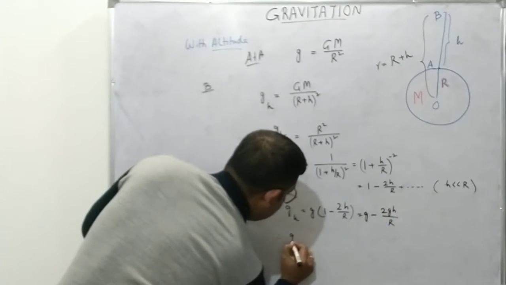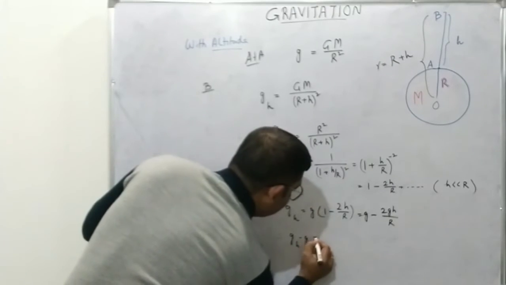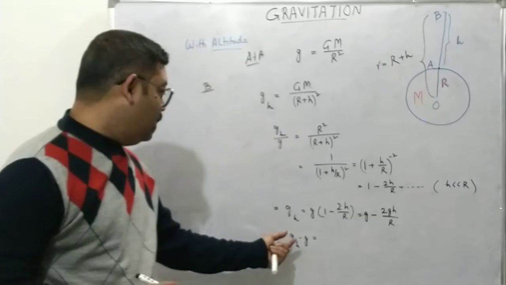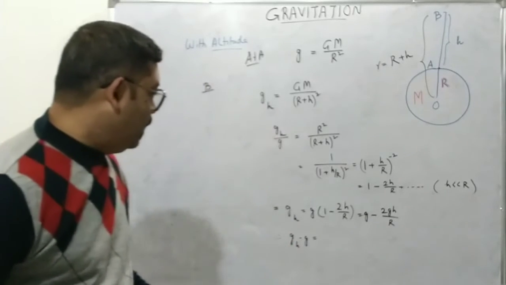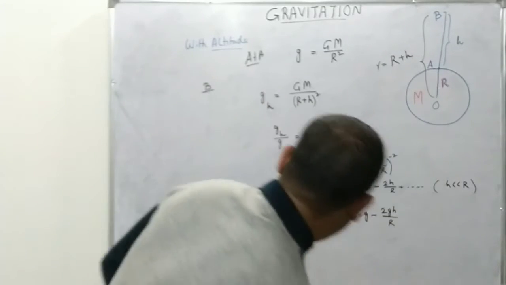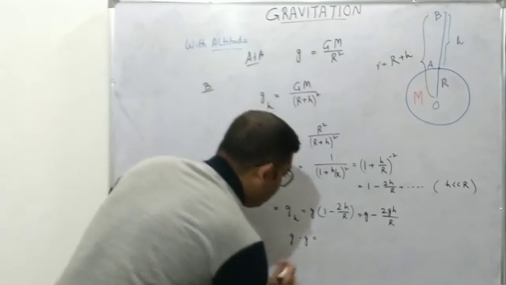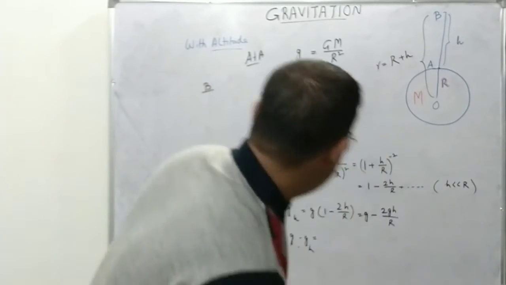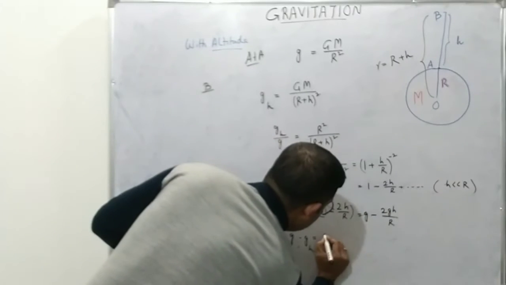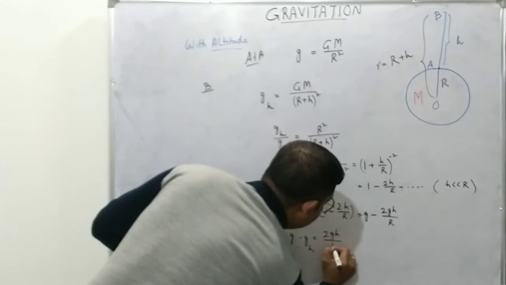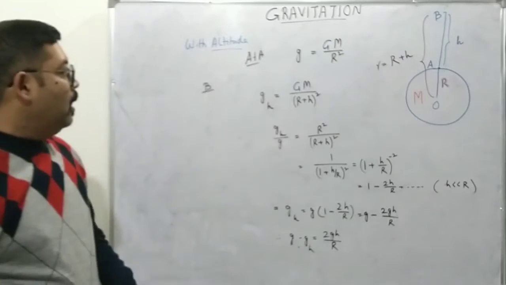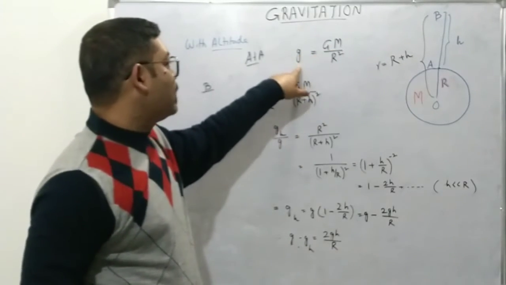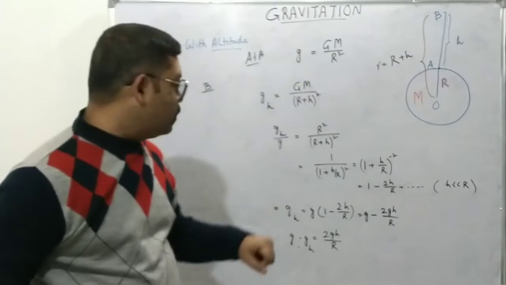Therefore, we can say that g minus gh, the variation of g with height, since gh is smaller than g, will be a positive term, which will be 2gh by R. Now, since R is a constant, and g and M are constant, the acceleration due to gravity on Earth's surface is a constant for the time being.